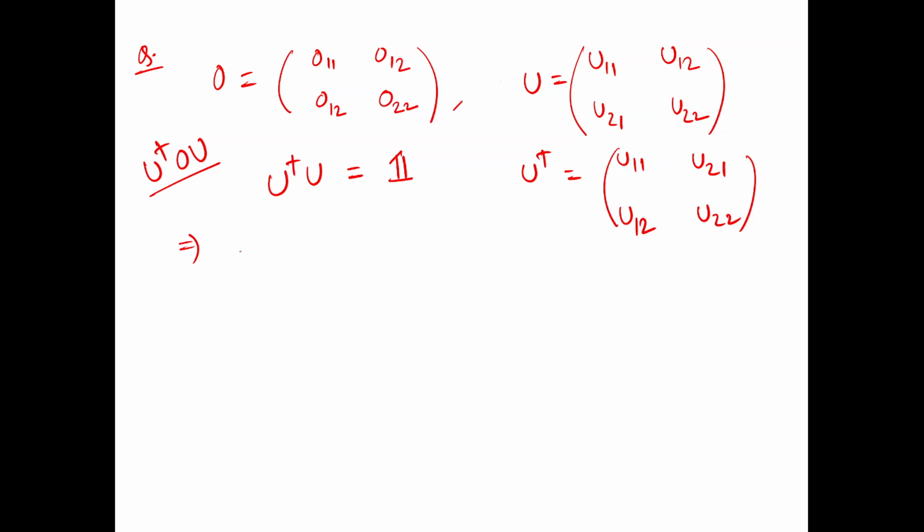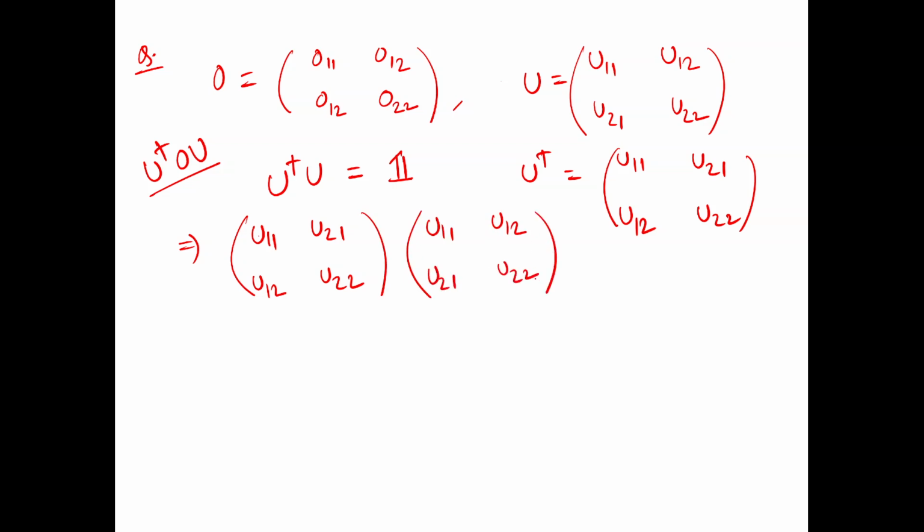So you take the U dagger U, which is U11, U21, U12, U22 times U11, U12, U21, U22.